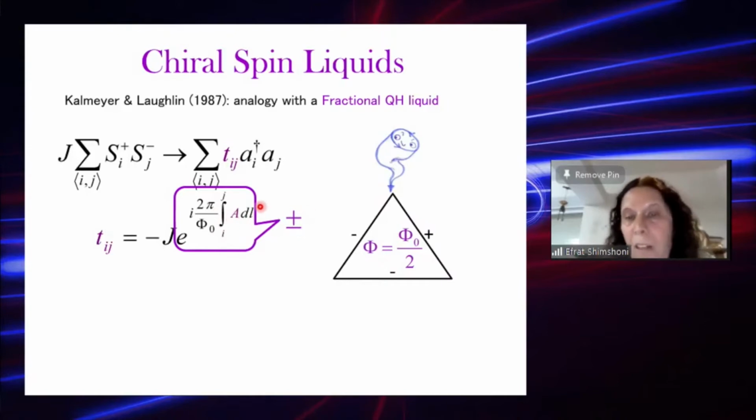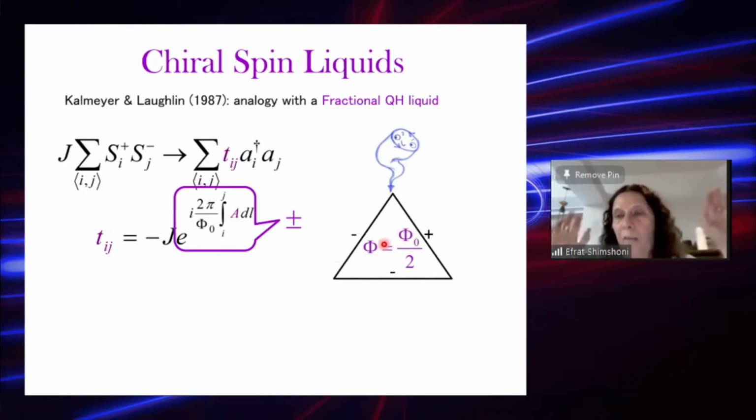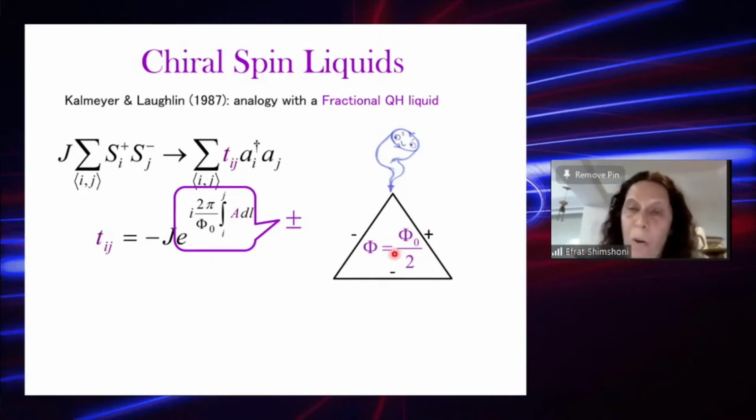So there is no arbitrary flux. If you think of the plaquette in the triangular lattice, the fictitious flux that you have is in fact just half of the flux quantum. So there's no tunability here. It's just something that comes from the geometry of the lattice in this mapping.